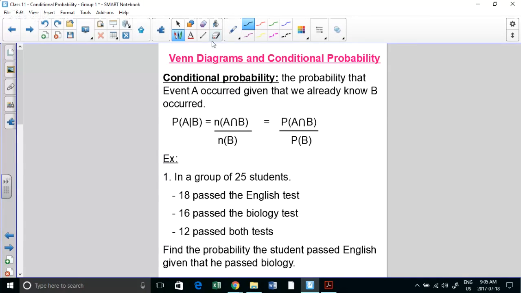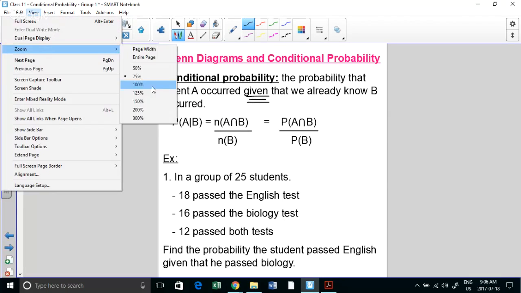We have 2 things that are happening, 2 different characteristics or 2 different events, and we want the probability that event A occurred given, and this word given is super important because 90% of the time the problems are actually going to say the word given, and you need to know that that is conditional probability. It's the fact that we know that event B occurred. What is the probability of A occurring?